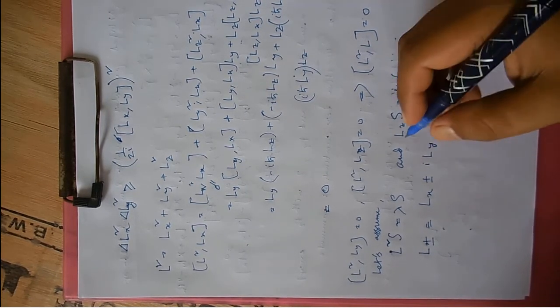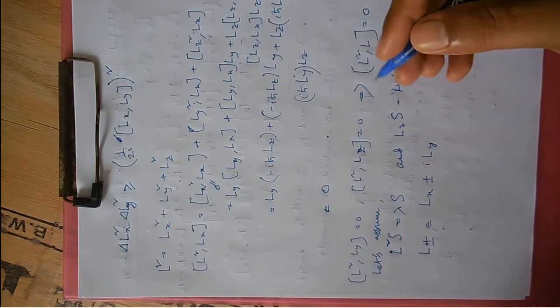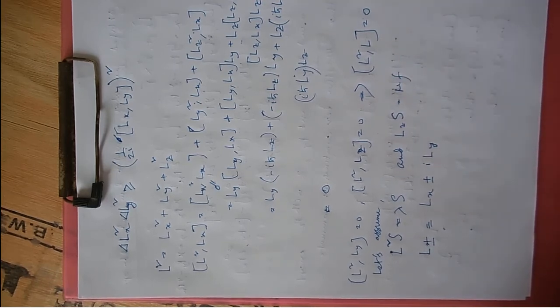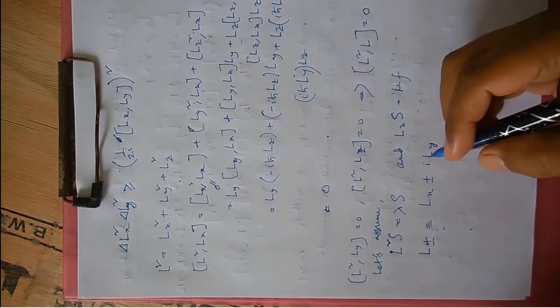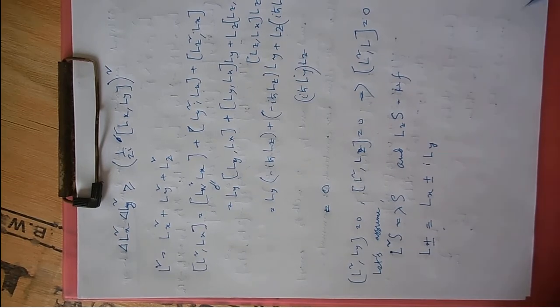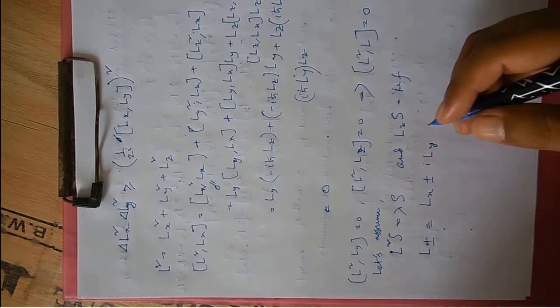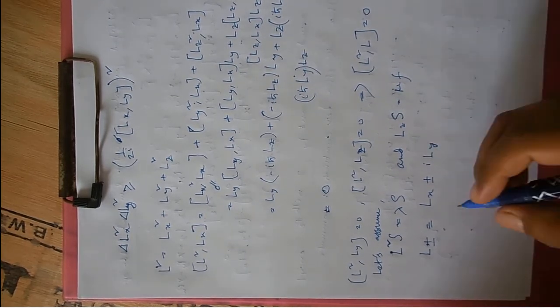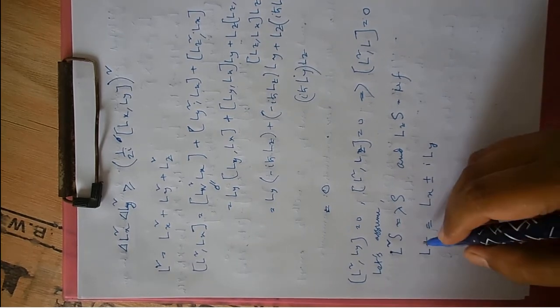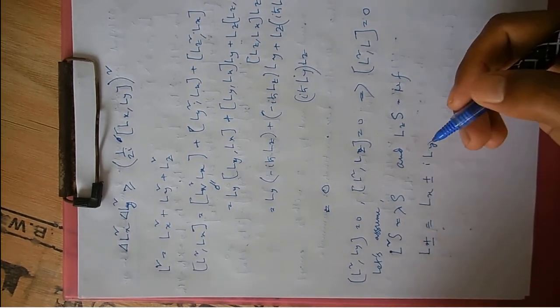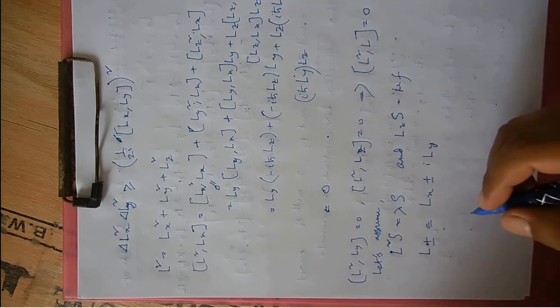We had to find the associated equation, and from there we had to conclude about the ladder operators. Here it is simpler. So it is Lx plus minus i Ly. Now we will see whether this operator commutes with the Lz term.